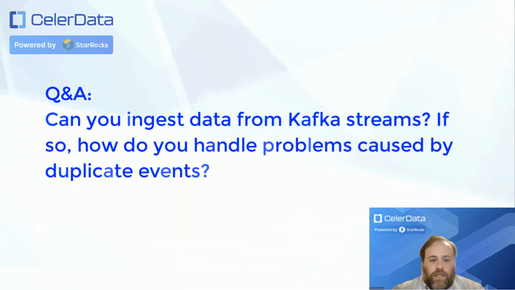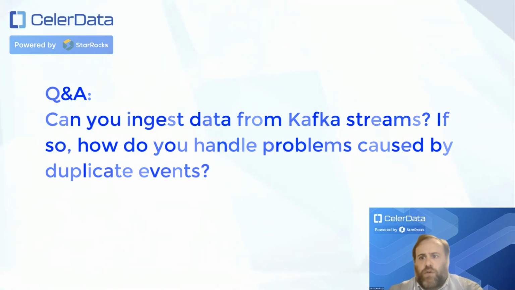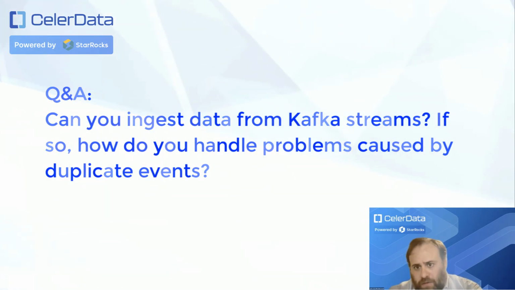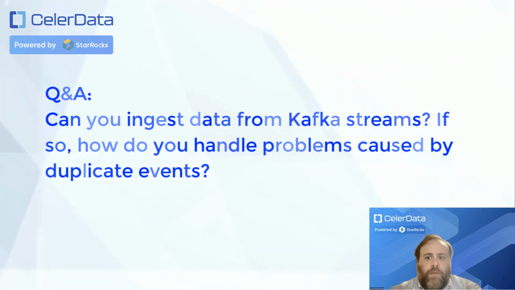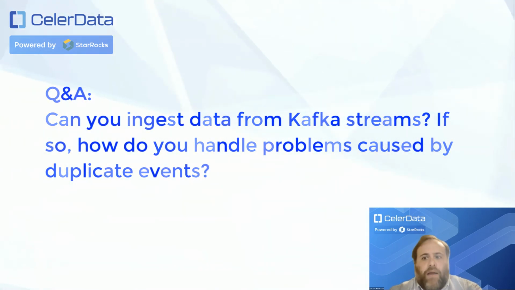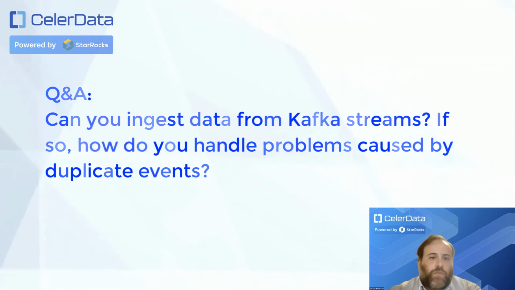So the first question that I see here, I think this is a good one for Sida: are you able to ingest from Kafka streams? And if so, how do you handle problems caused by duplicate events?